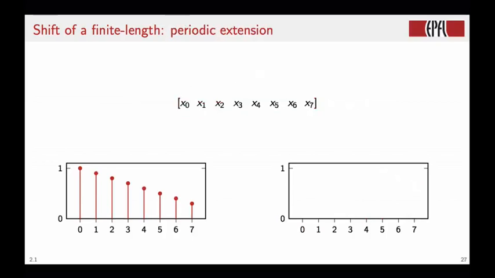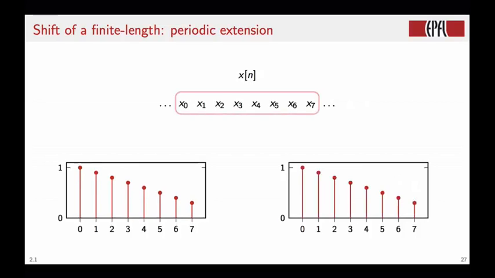We can also have a model of the world where the signal is periodically extended, and then the shift operator will have another effect. Let's look at this. So we start with the sequence, 8 samples from x[0] to x[7]. We extend it periodically, so here we have a second period, here we have the previous period.